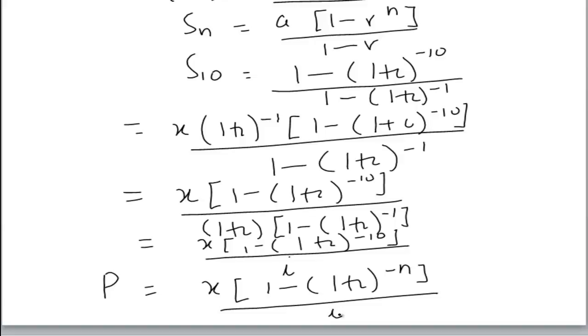Now we still have to get back to the problem. The problem is saying that 25,000 rand was borrowed, so P is 25,000, and we want to calculate the installment x into 1 minus (1 plus i).